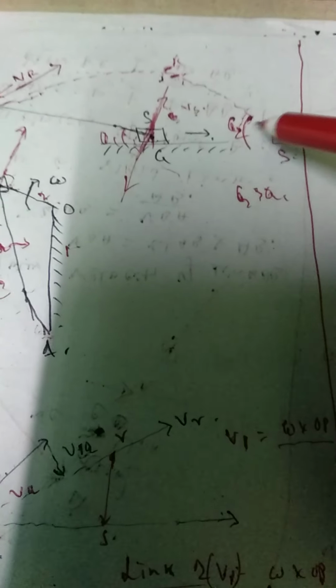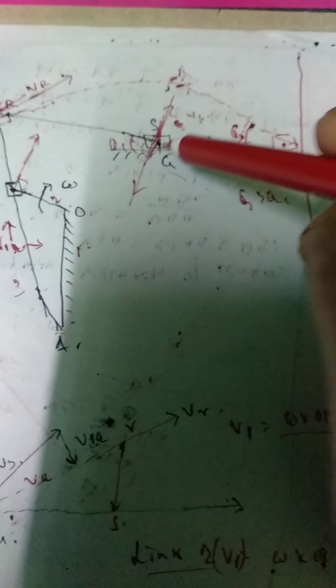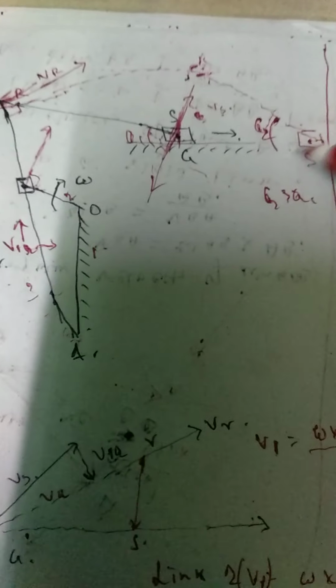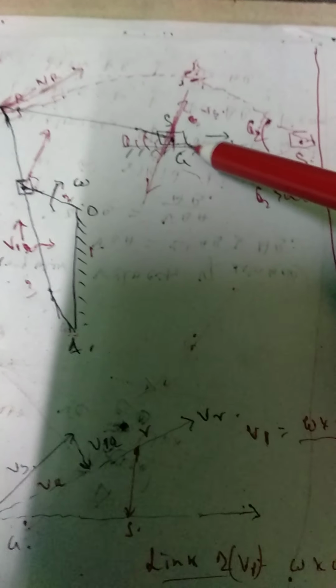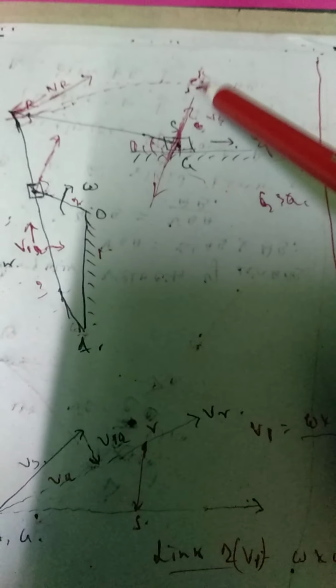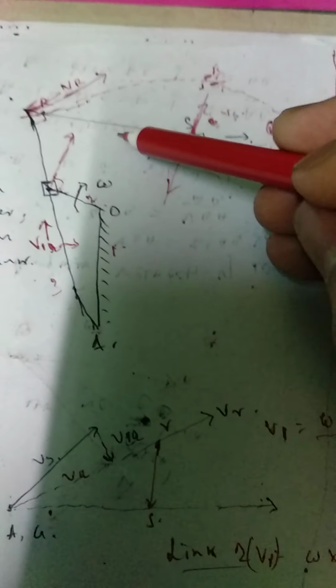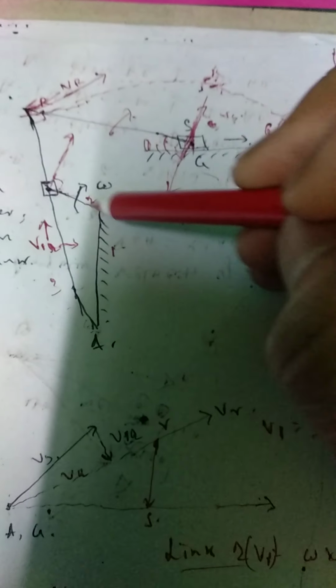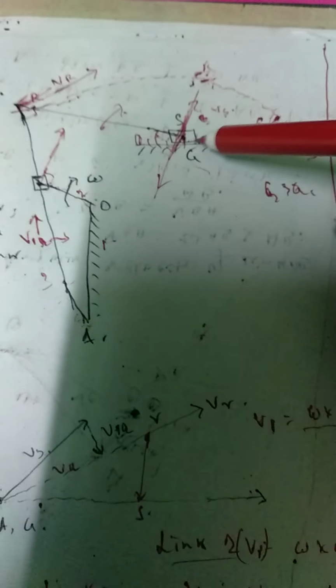At the maximum position the angle is theta 2. As you can see, as it moves from here to the maximum position, this crank is moving in the clockwise direction, and this link is also moving in the clockwise direction.